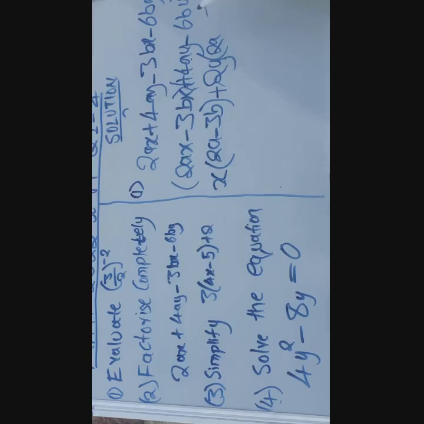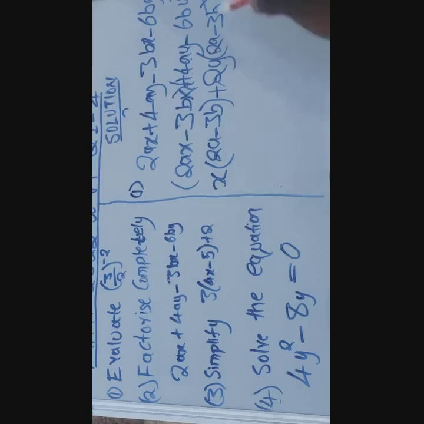So we are going to have 2a minus, we are going to say 2y into negative 6by. So we are going to say 2 into negative 6, it is negative 3. Then this y is going to cancel with this y. We are going to remain with b here. Okay, and we are going to close the brackets after this.